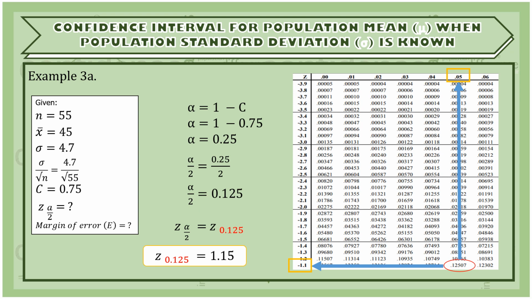Since negative 1.15 is symmetrical to positive 1.15, therefore, our critical value is positive 1.15 or z sub 0.125 is equal to positive 1.15.